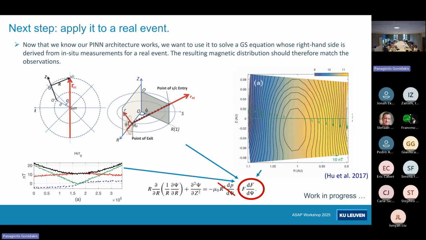Then you solve it using a machine learning code, and it provides a CME model for EUHFORIA, a CME model for which we are sure that the magnetic field distribution is consistent with the observation further in the heliosphere. So it is a work in progress. We are working on one event, and we are trying to do the Grad-Shafranov reconstruction for one case.